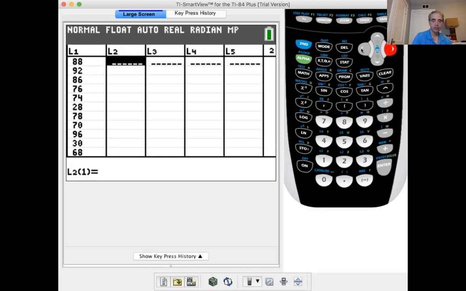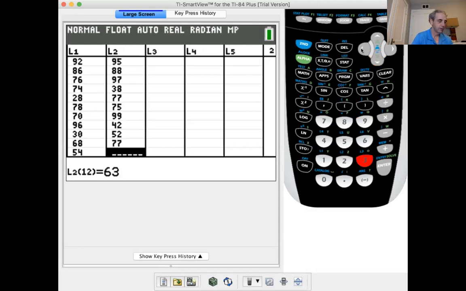Arrow it over to L2, line 2, excuse me: 74, then 95, then 88, 97, 38, 77, 75, 99, 42, 52, 77, 63, 54, and 90.